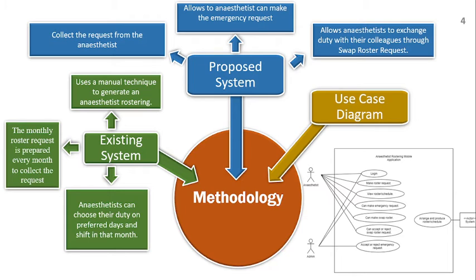So the anaesthetist can choose their duty on preferred days and shifts in that month. The roster maker will then manage the roster by taking the data from the Google Form and organizing it inside Microsoft Excel.